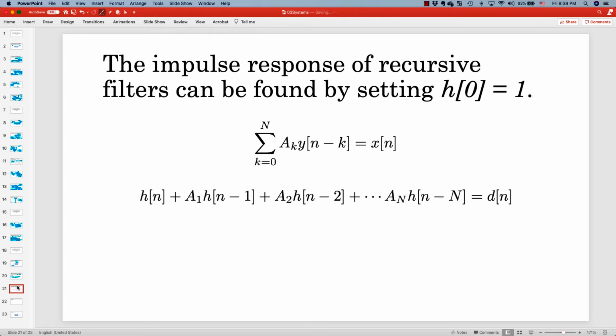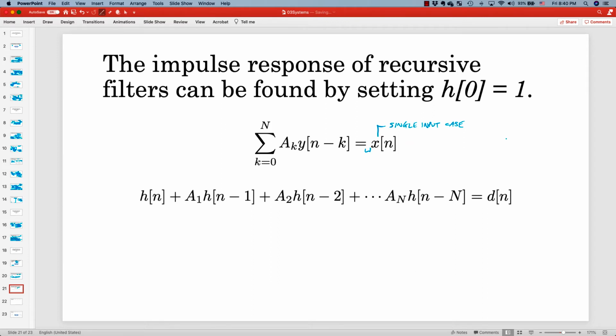Now contrast that with a recursive filter, in which we can and will have sums of shifted and delayed versions of the output. Now I'm going to treat what's called the single input case. But it shouldn't surprise you that if we can get the impulse response for this case, then later we can use linearity and time invariance to perhaps scale this by something and add shifted versions of it as well.